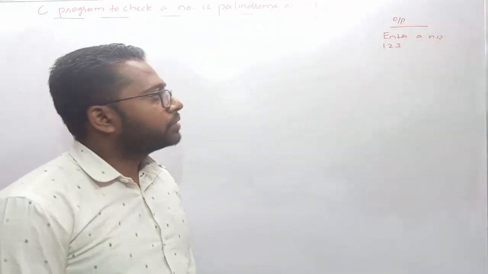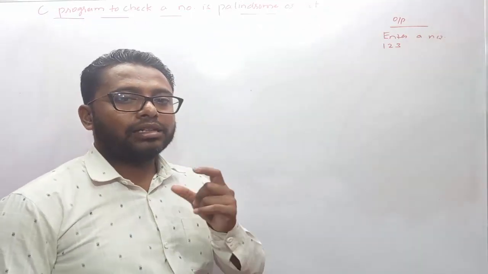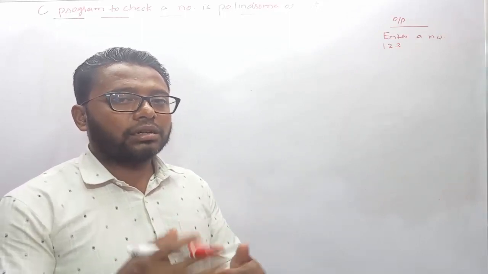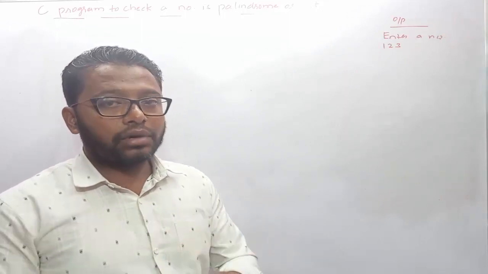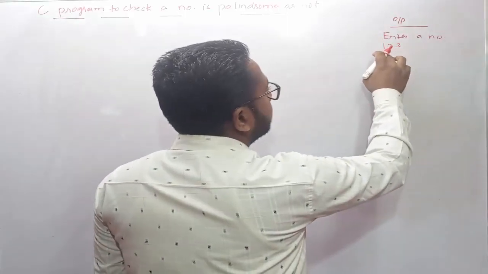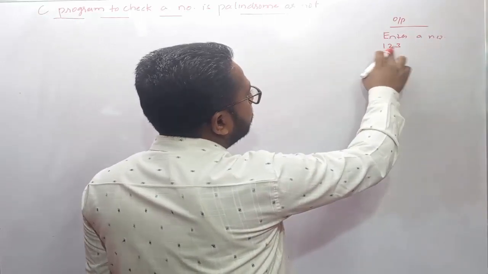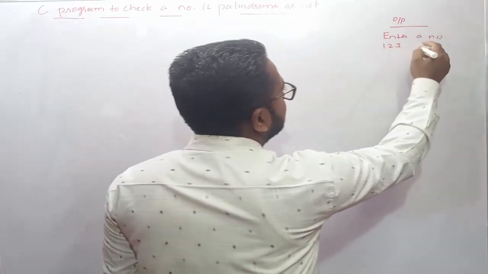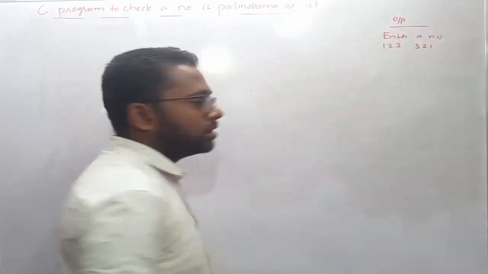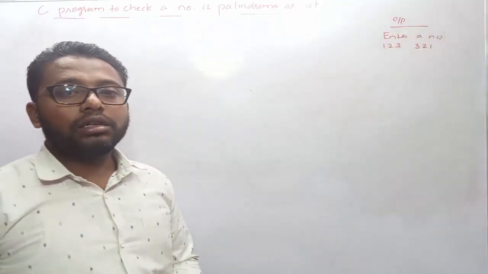Okay. Now let us first try to understand what a palindrome number is. A palindrome number is a number that, when you reverse it, you get the same number. Let us try to understand with the help of an example. Here I have entered the number 1, 2, 3, and when I reverse this number, 3, 2, 1, I will get some other number.